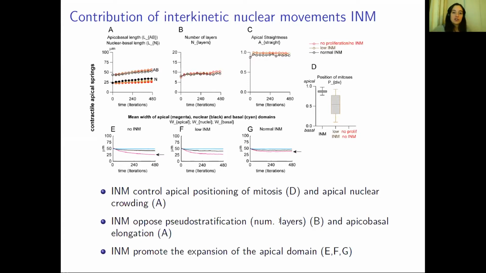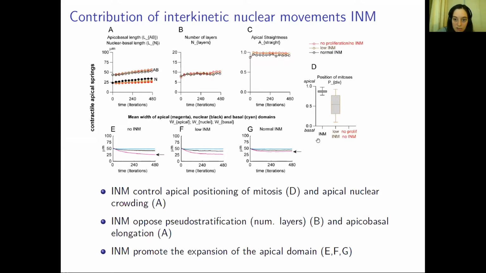Then the contribution of the nuclear movements can be assessed using similar quantifiers that we use in the model, such as apicobasal length. Okay, maybe I just focus on two observations. One is that the nuclear movement controls the apical position of mitosis.